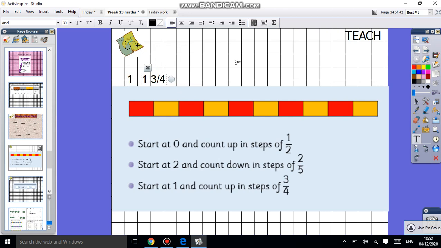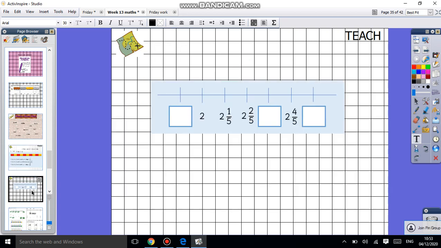If I then add on another 3/4, well, first of all, let's add on 1/4, so 1 and 3/4, add a quarter, takes me up to 2, and then I've still got 2/4 to add, so 2 add 2/4 equals 2 and 2/4. So we would carry on going up that way. The next step would be 3 1/4. And then we'd go up to 4, and we'd carry on with that pattern.